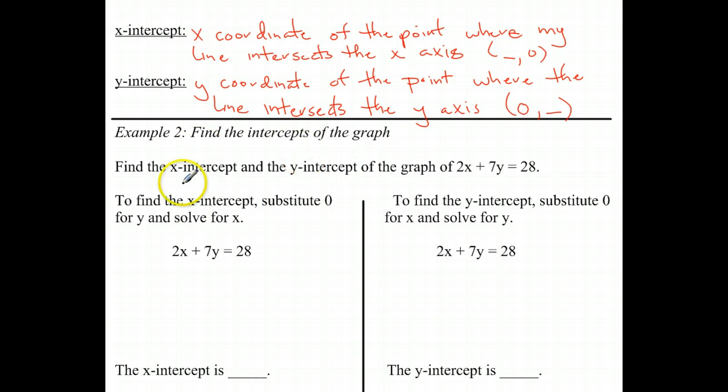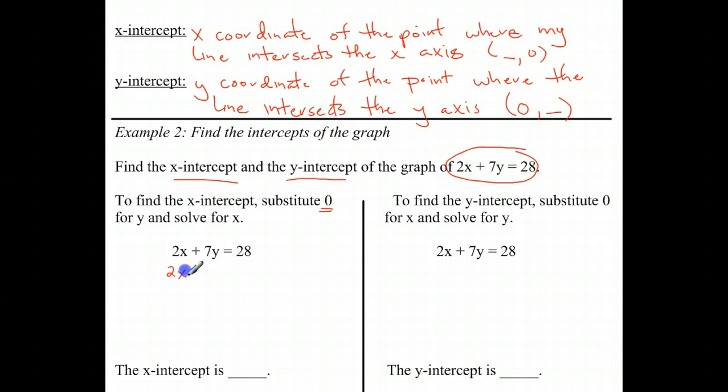Okay, so let's go through and actually find it. We're going to find the x-intercept and the y-intercept of this graph. Again, I don't have the graph, and I guess I could go through the practice of rewriting it for y and plotting all of my points, but that seems like an awful lot of work. So to find the x-intercept, if I know that my y-coordinate is always going to be 0, I can substitute 0 in for y and then solve for x.